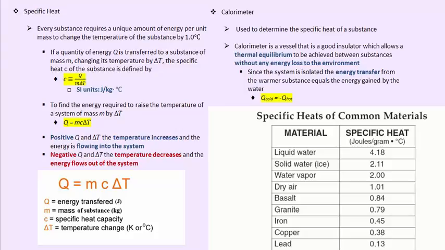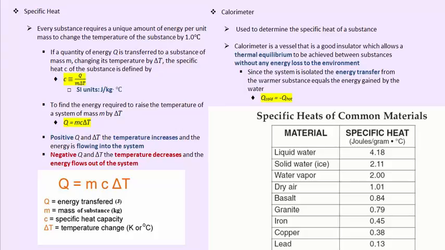And we see that specific heat is symbolized by lowercase c, and its SI units are joules per kilogram degrees Celsius. If we want to find the energy required to raise the temperature of a system of mass by changing its temperature, our energy required is equal to the mass of our material multiplied by its specific heat multiplied by the change in temperature.